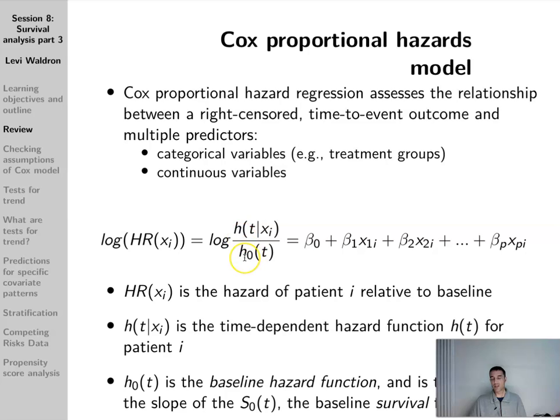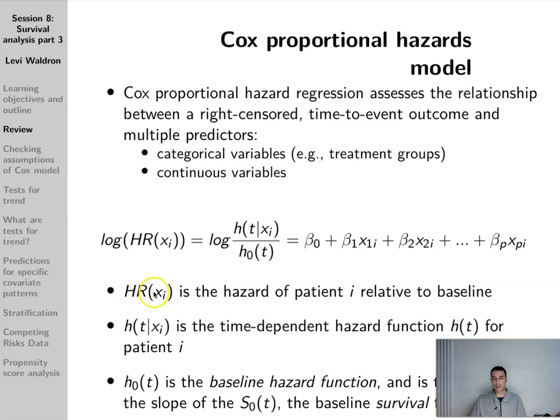So the hazard in general does depend on time, but this ratio of the hazard for any particular individual in your study, any particular participant, to this baseline hazard is a constant over time, and that depends only on the covariates according to this linear predictor, as with all of our linear regressions.